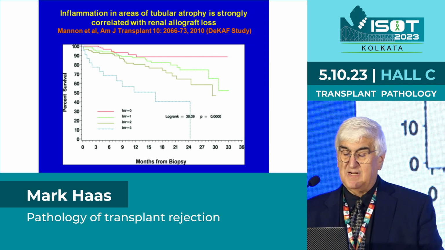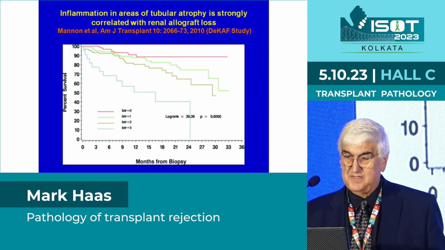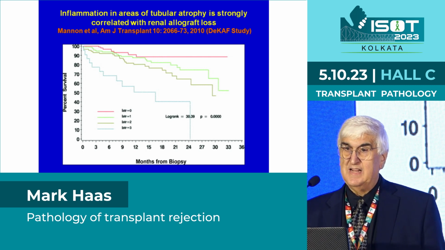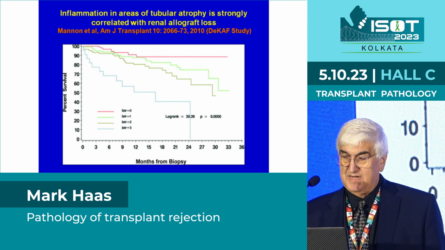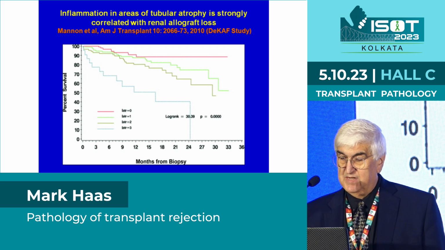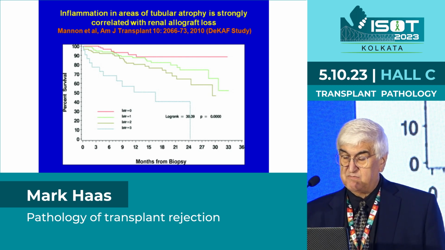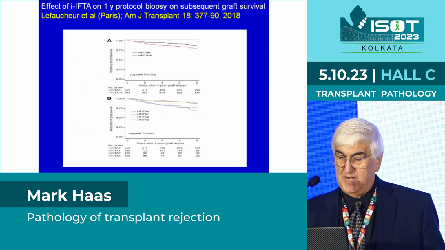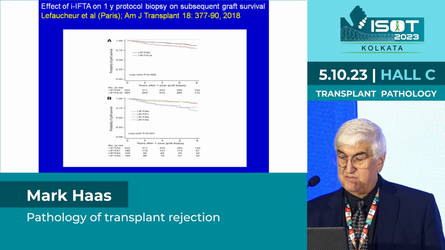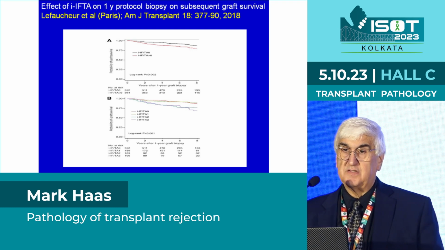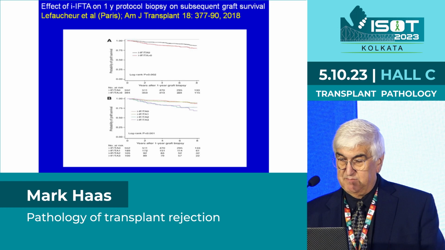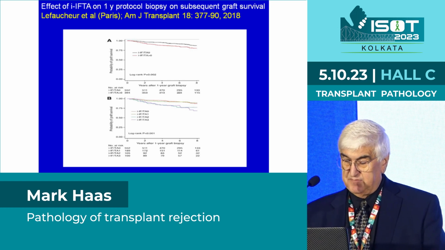However, a number of studies, here this is the DCAF study, showed that interstitial inflammation in areas of fibrosis, especially when moderate to severe, is associated with increased rates of graft loss. And this is a study from Paris showing that when at least 25% of the sclerotic cortical tissue is inflamed, this is associated with decreased graft survival.